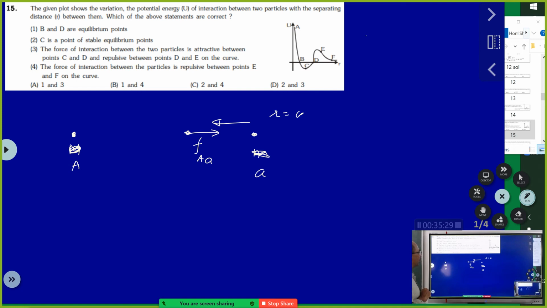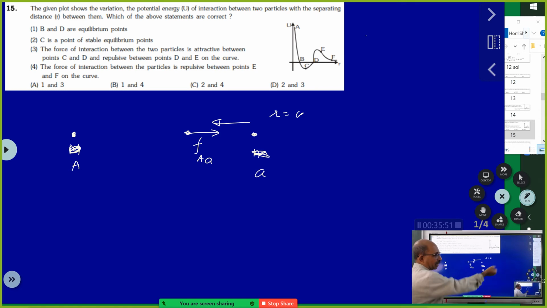The force of interaction between two particles is attractive between C and D. If you are going from C towards D, or coming from D towards C, and the potential energy is decreasing, that means the particle is getting attracted.